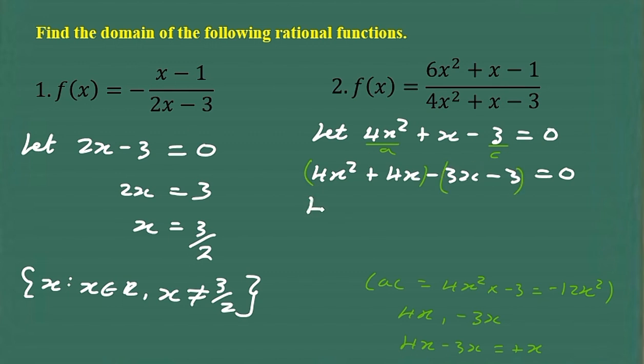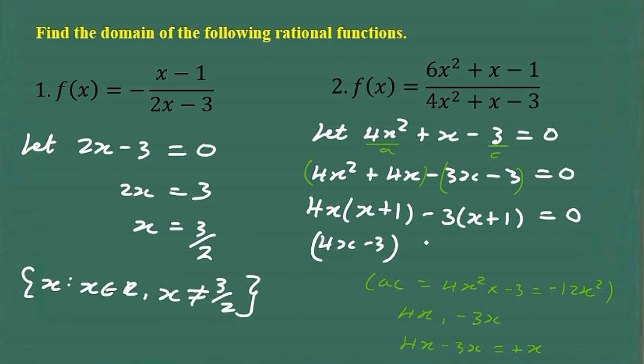So I'm going to have 4x, which is common to both terms, times x plus 1, minus 3 times x plus 1 equals 0. So here we are going to have 4x minus 3 times x plus 1 equals 0. Alright, okay.